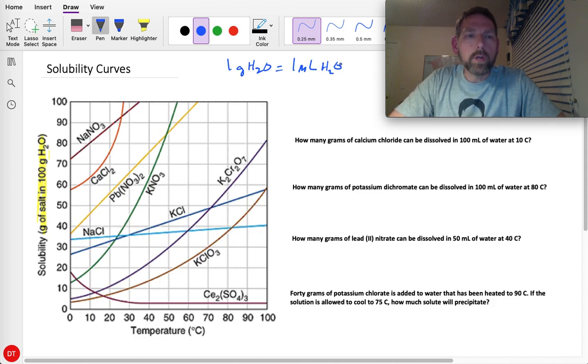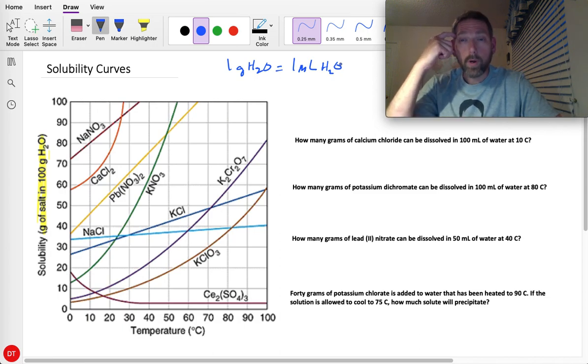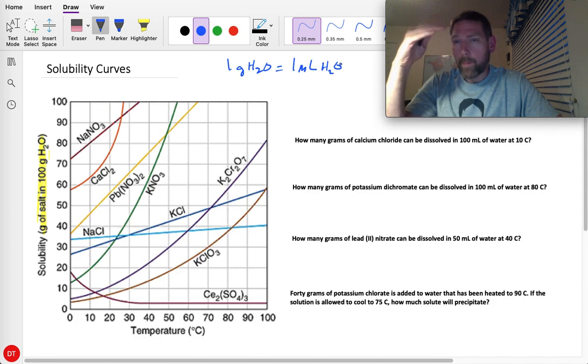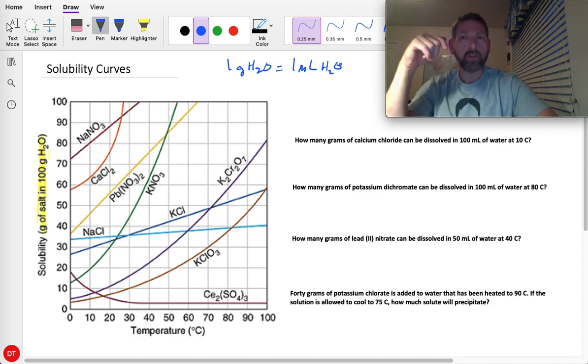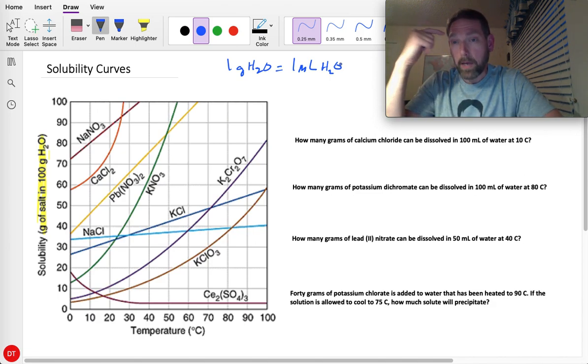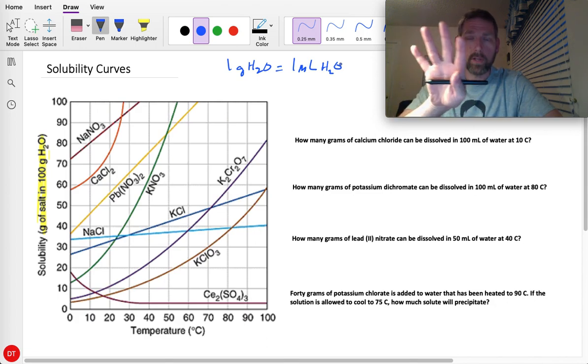But the reason why grams of water is used instead of saying milliliters of water has to do with the fact that there are things in chemistry where certain properties of things change, but the mass of what you're looking at doesn't change, even though a certain property might change. And that's a lesson for something else later on.